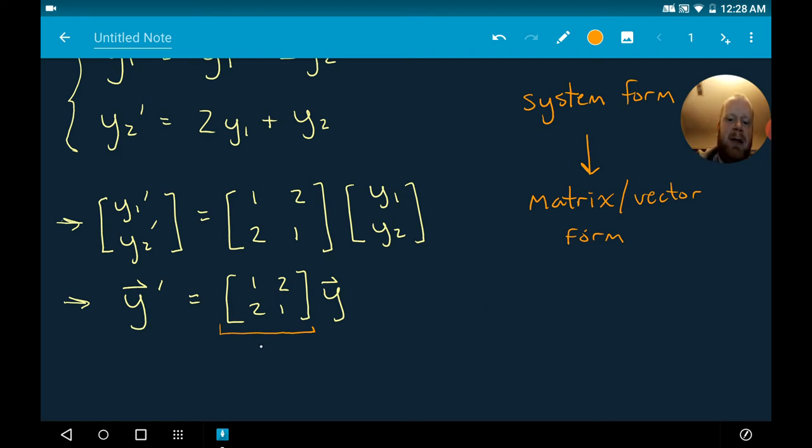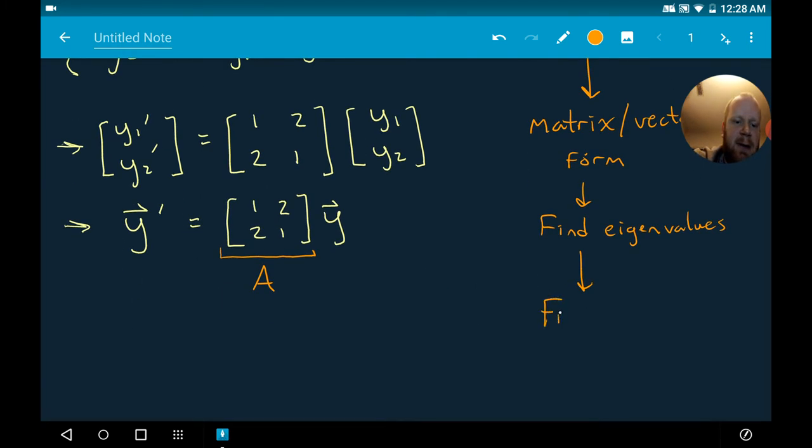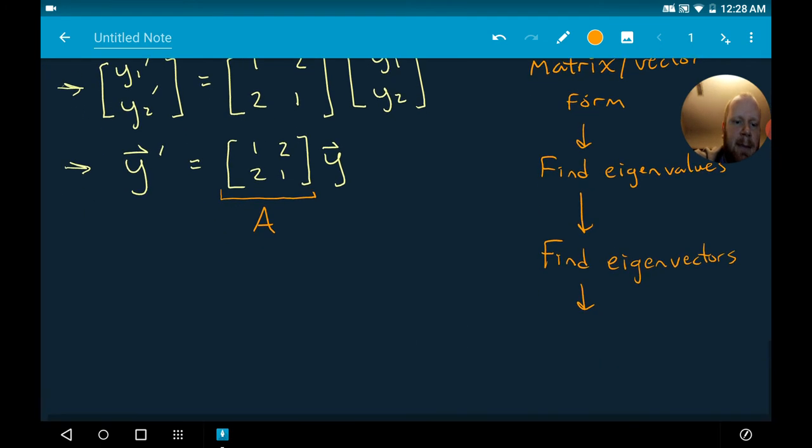We're going to take this matrix, and the first thing we'll do is find the eigenvalues. And then we're going to find the eigenvectors. And then we're going to write the general solution.